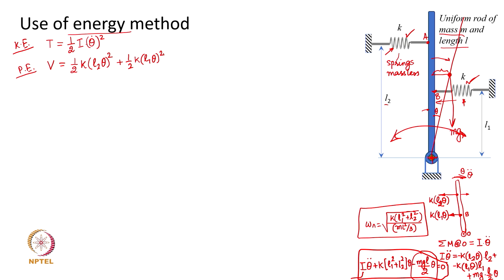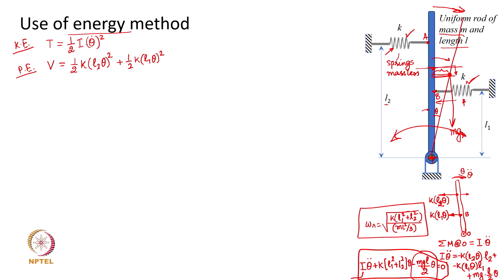But again, if we assume the rod to be vertically oriented, then as the rod oscillates or leaves its equilibrium position, the potential energy will also get reduced, because the center of mass is going to shift a bit.